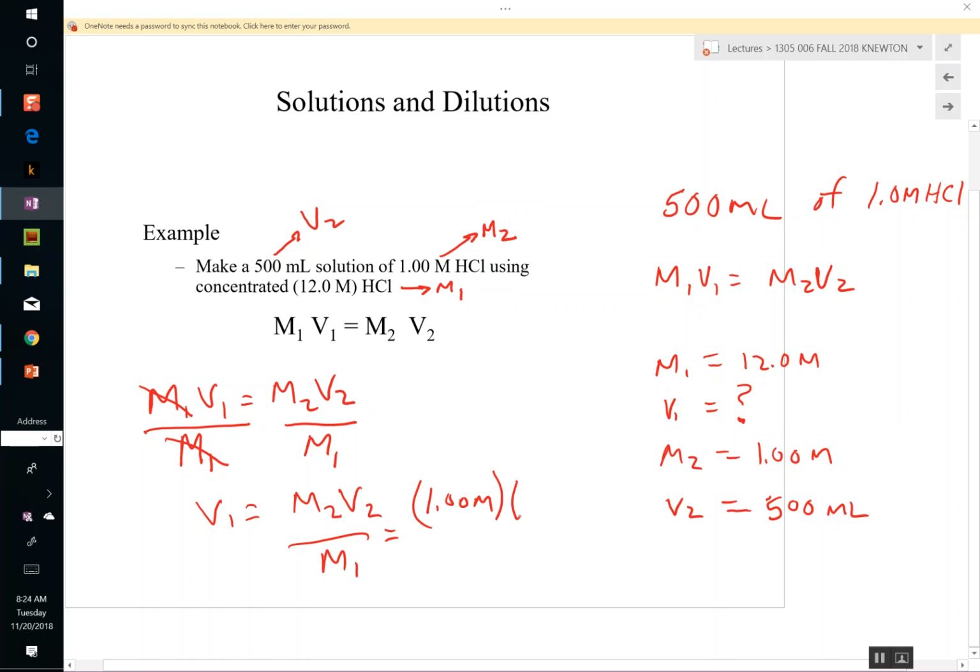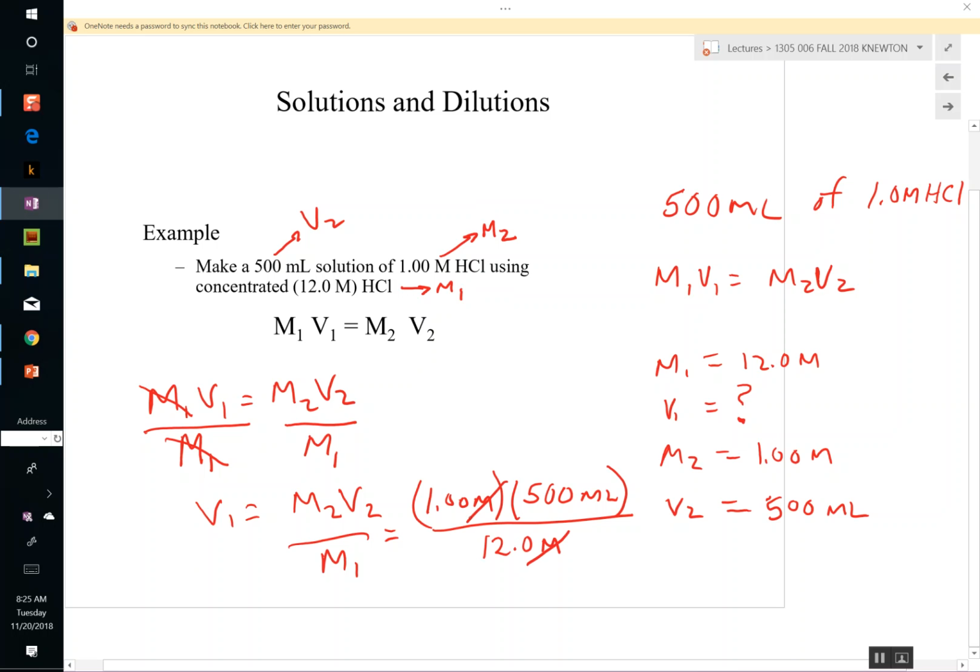Now I said it needs to be in liters, I did say that. But we can leave this in milliliters, and our V1 would end up in milliliters, and that's how much HCl we would get.